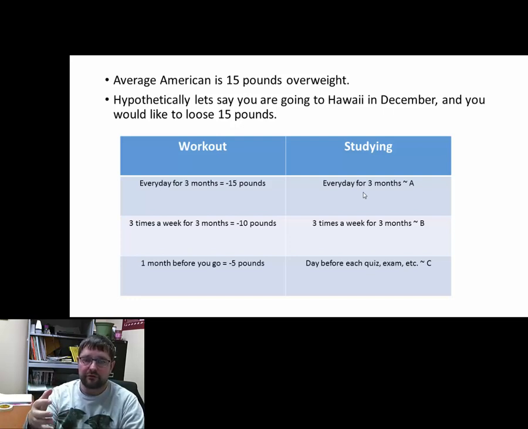And GPA matters. Right? So an A is probably what you want, and if you're going to strive for that, you have to put the work in. Just like if you want to lose the 15 pounds, you're going to have to put the work in.